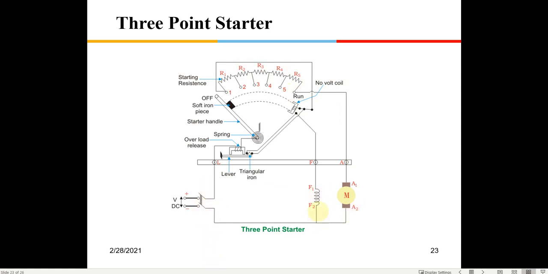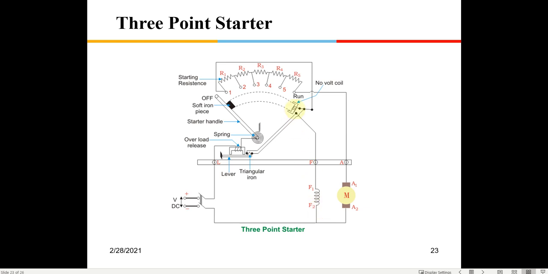You are giving full voltage to the field, and a series resistance consisting of R1, R2, R3, R4, R5 to the armature. There will be no short circuit current in the armature because you have put a large resistance in series with it, and initially there will be a requirement of huge torque, so that is why you are applying full voltage to the field coil also.